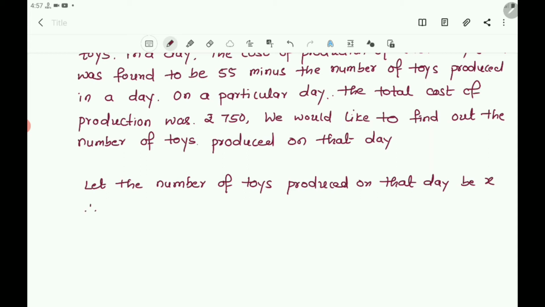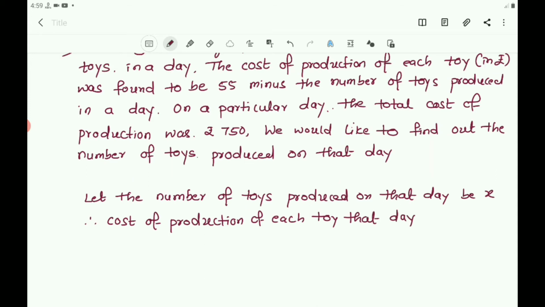Therefore, the cost of production of each toy that day equals what? 55 minus x.